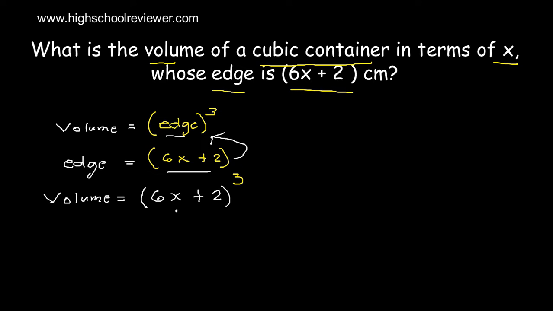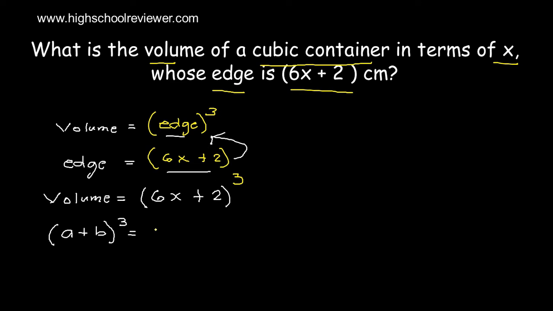As you can see, the quantity of 6x plus 2 raised to the power of 3 is rather a cube of a binomial. And we know that the cube of a binomial is of the form a plus b raised to the power of 3.